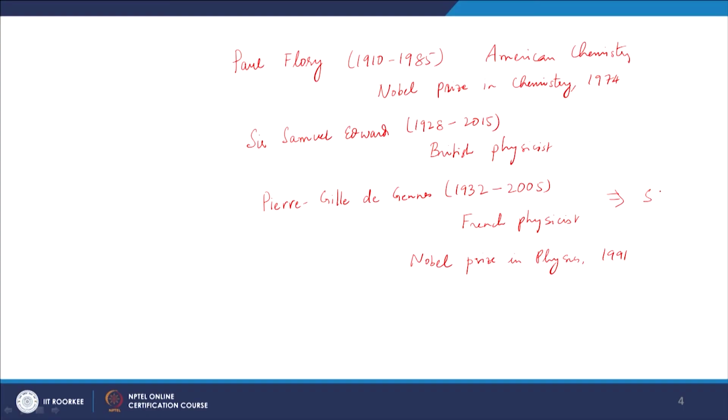And then finally, de Gennes added a new component to it, which is known as the scaling approach, something that builds on Flory's idea, but becomes useful in many applications of polymers, and it has a much more sound physical basis. Okay. So, I will probably stop here, and in the next class we start talking about the random walk models in polymer physics.